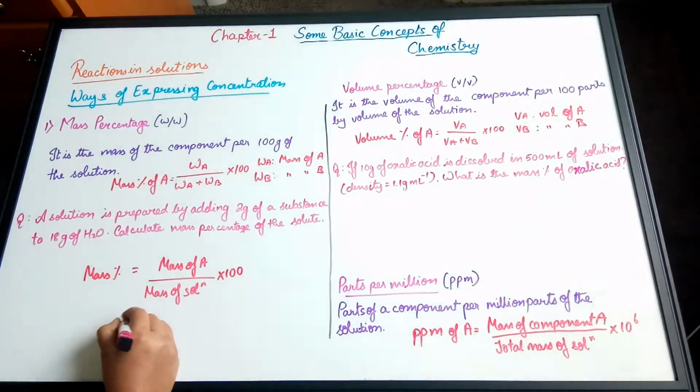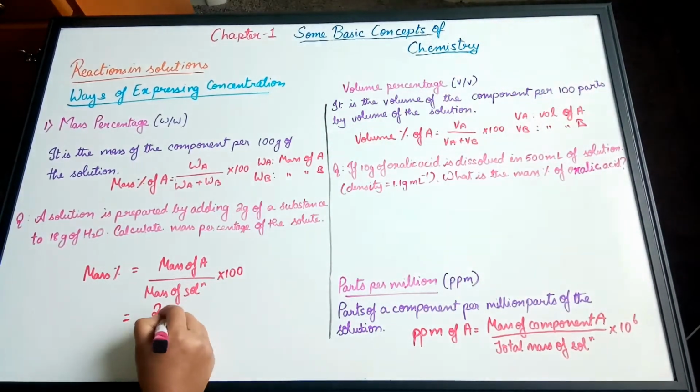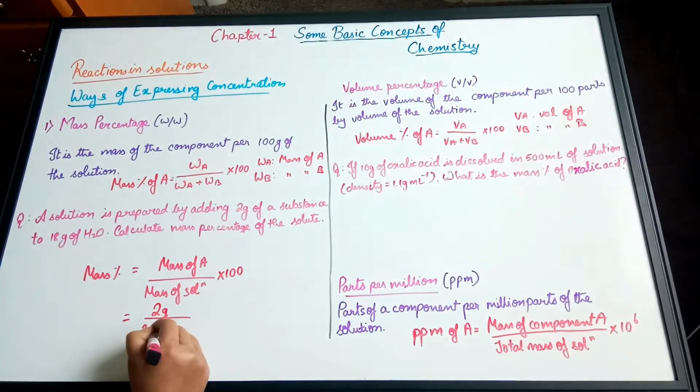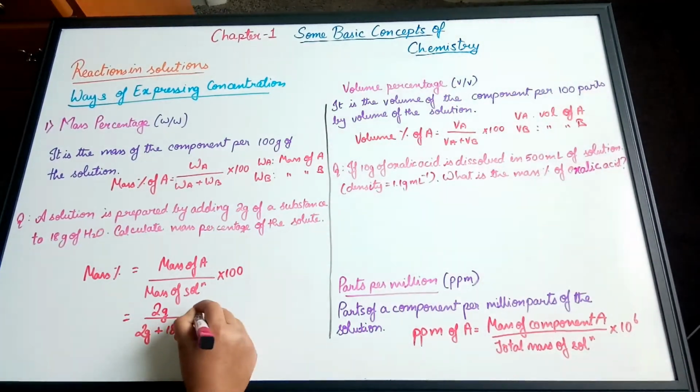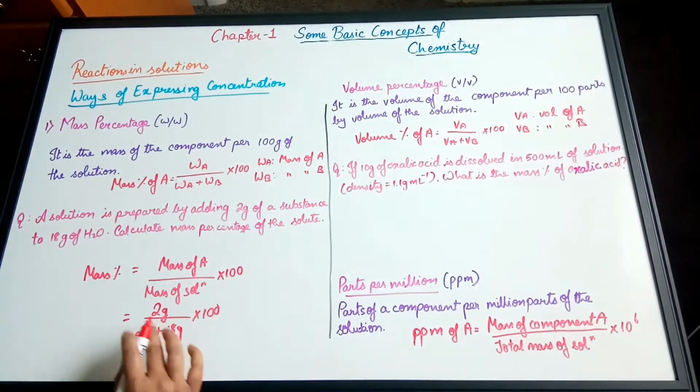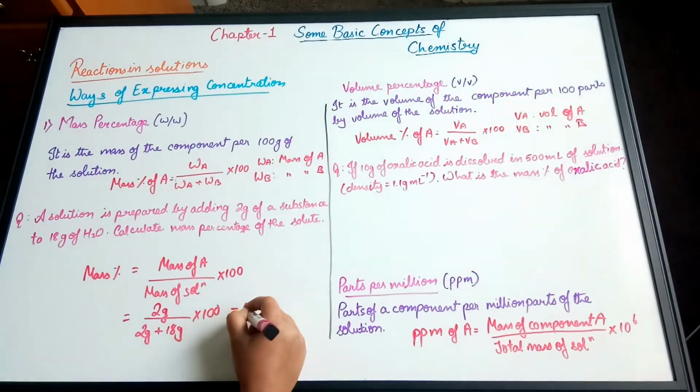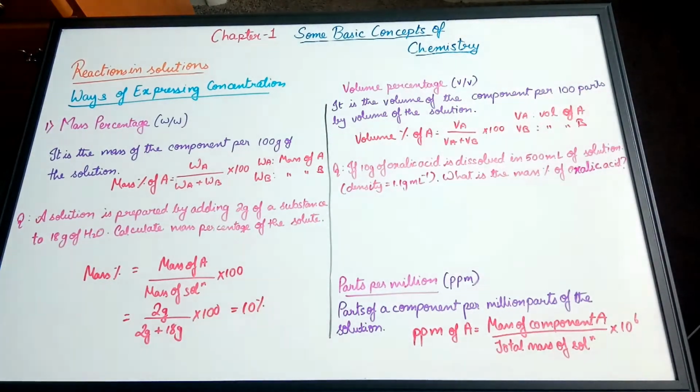So this is equal to 2 grams divided by 2 grams plus 18 grams, into 100. The units of grams get cancelled, leaving behind a percentage of 10%. So here the solution has 10% of the substance. Mass percentage is denoted as W by W and its formula is WA by WA plus WB.